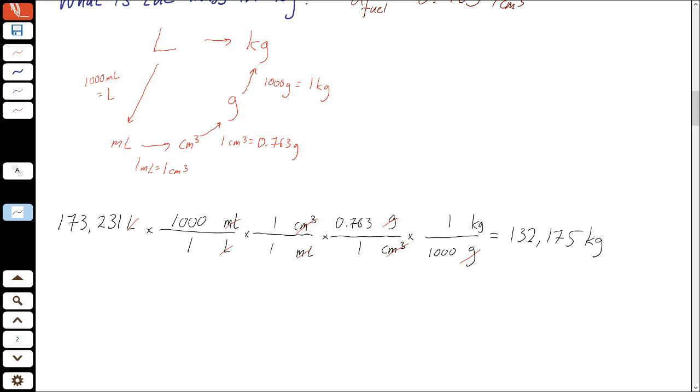And then we should report that with the appropriate number of significant figures. So how many significant figures should we use here? We should use 3, and we'll talk about why that is in a second. So a couple ways we can write this. We can say 132,000.